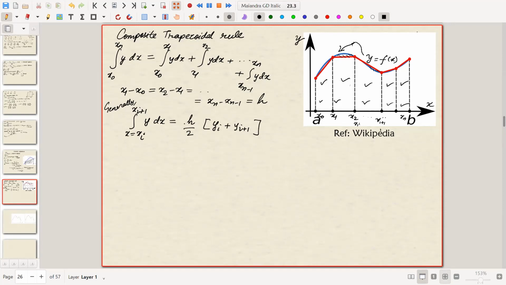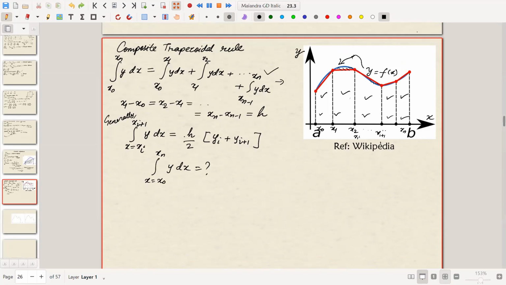Now my question is, can you compute the integral from x equals x naught till xn of y dx using this? You found the general formula for this, right? Now I think her statement applies that we will take a summation. So what you can do is apply this equation number 1.